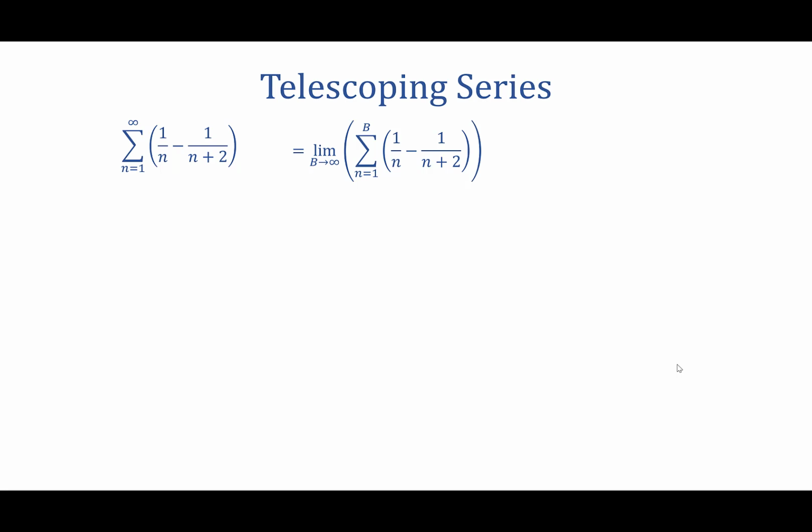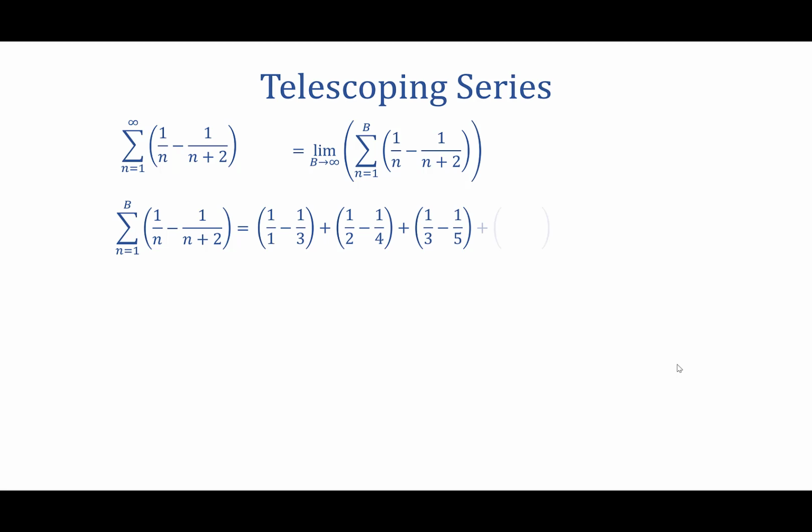We're going to deal with just the inside first. We're going to start writing out the first several terms by plugging in n equals 1, n equals 2, n equals 3 for the first several terms. You do this so that you can see a pattern.